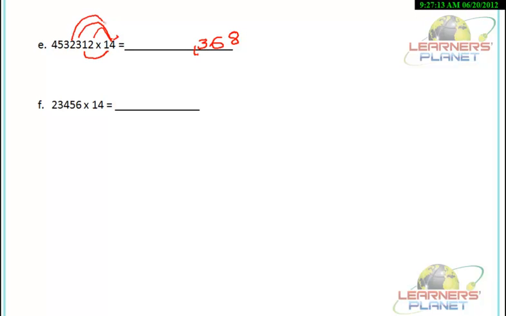Then 2 fours are 8 plus 3, 11. Then 3 fours are 12 plus 2, 14. Then 5 fours are 20 plus 3, 23. Then 4 fours are 16 plus 5, 21, and 4 as it is.